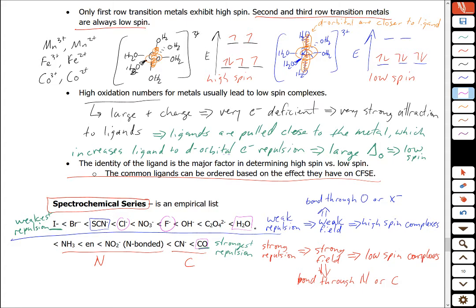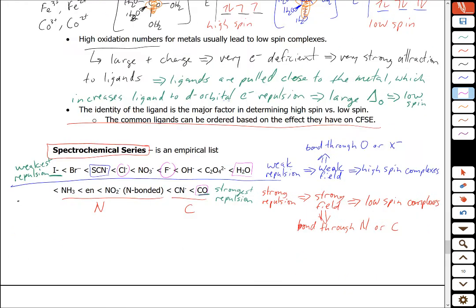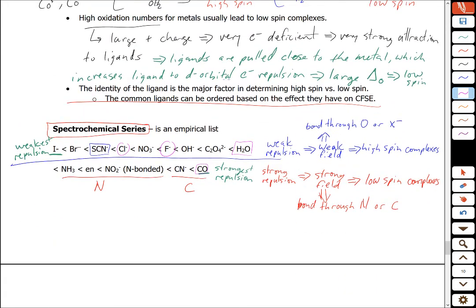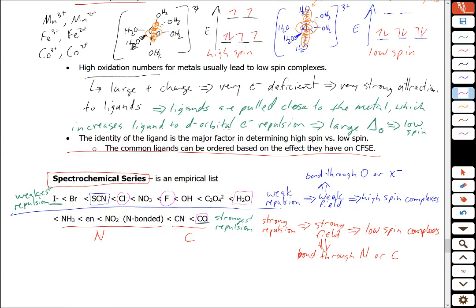Okay? The strong field ligand has a stronger repulsion than the weak field ligand. That's fair game. Comparing weak to strong is fair game, but I'm never going to ask you to compare two weak field ligands. I'm never going to ask you to compare two strong field ligands, and I'm never going to give you a complex where they are mixed.